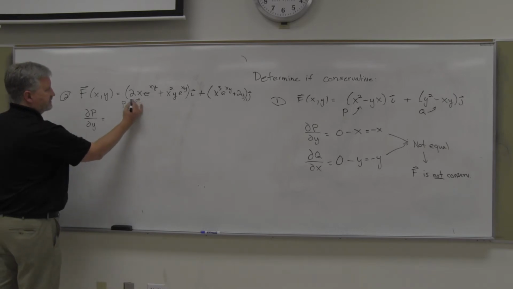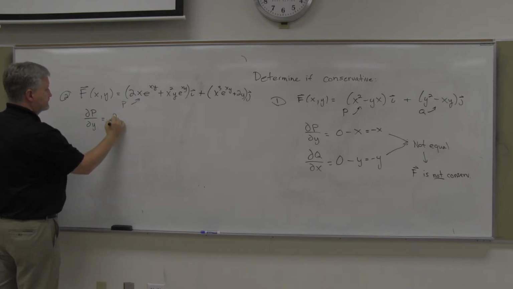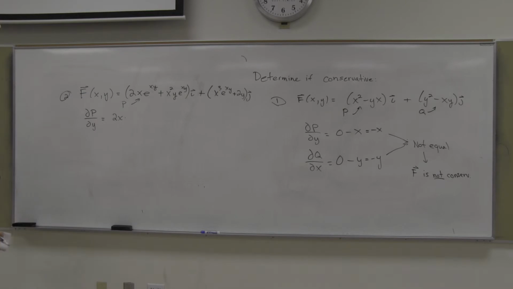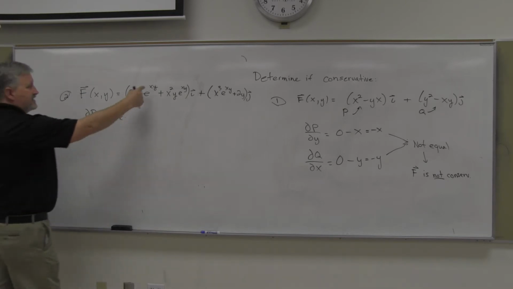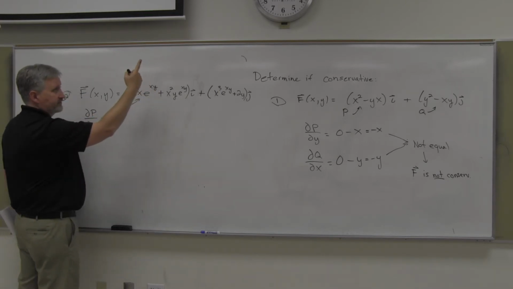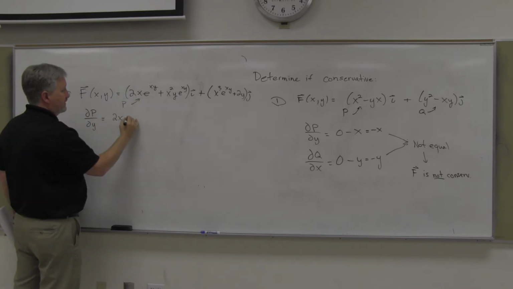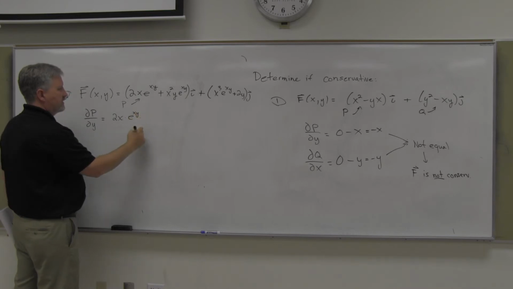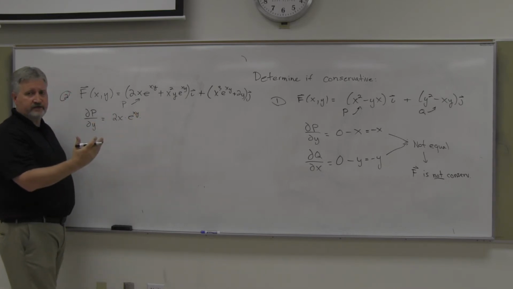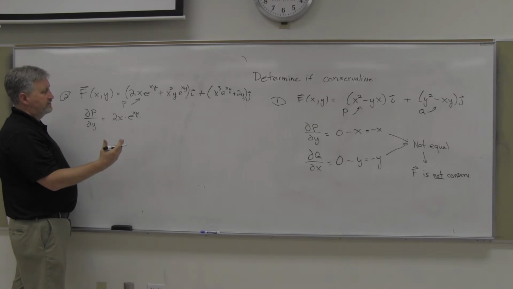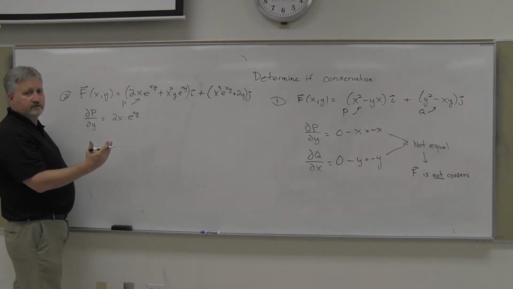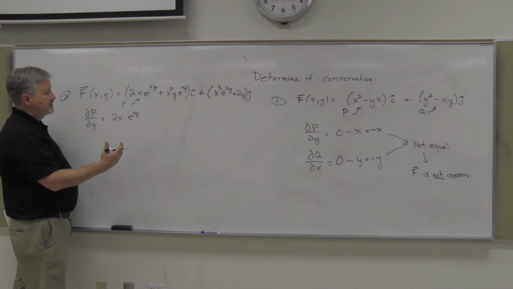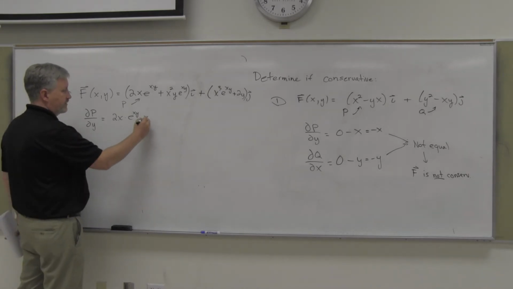Again, x is held fixed, so it's like a constant. 2x is just the coefficient, and then e to the xy has derivative e to the xy, and then the chain rule kicks in: the derivative of the power with respect to y would be x, right? Everybody okay on that?